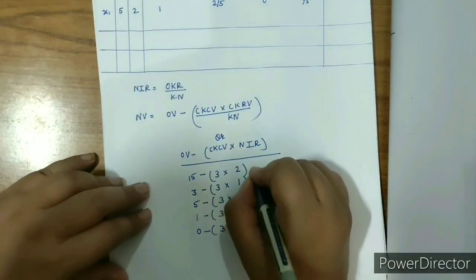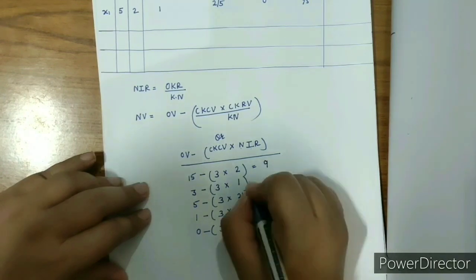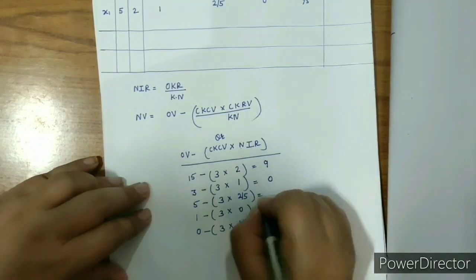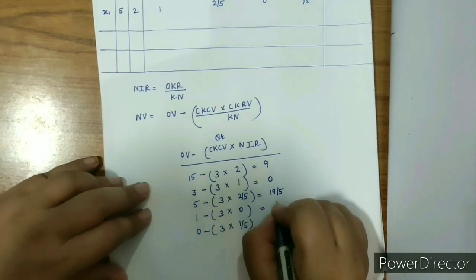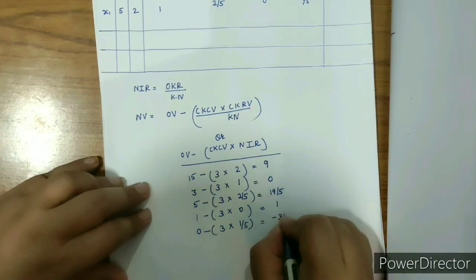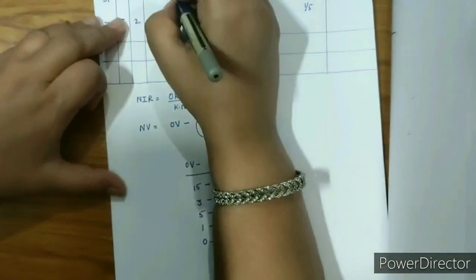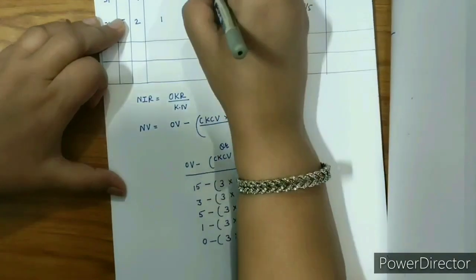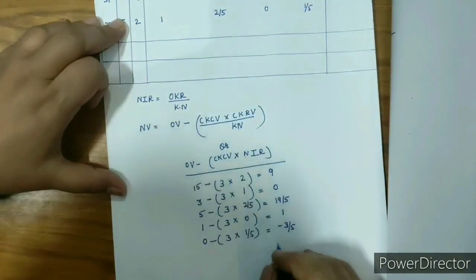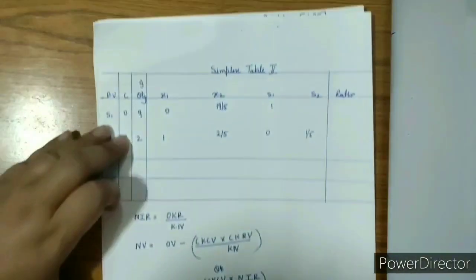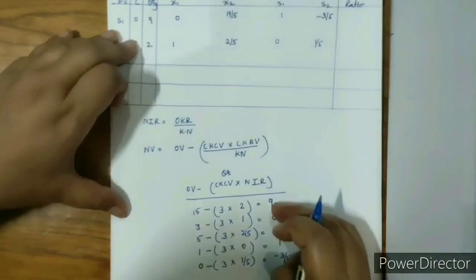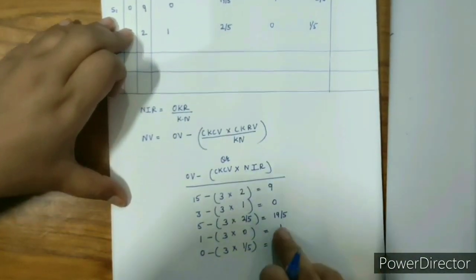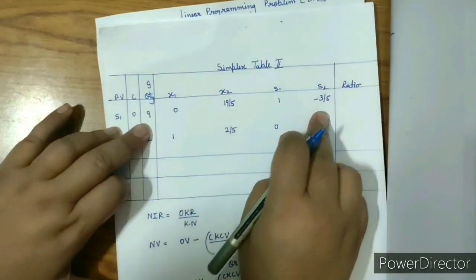Now, when we calculate these variables, we get 9, here 0, here 19 by 5, and 1 minus 0 is 1, here negative 3 by 5. We write 9, 0, 19 by 5, 1, negative 3 by 5 in their respective positions.